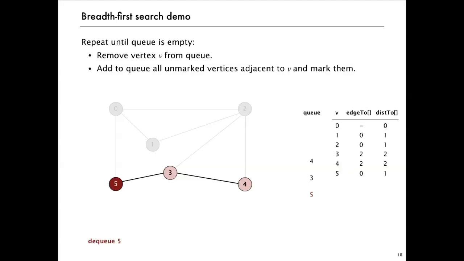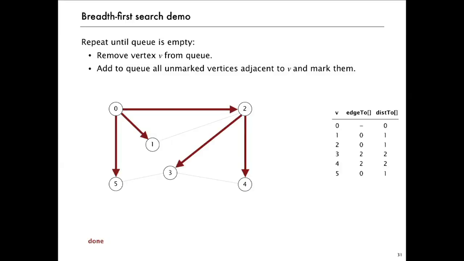Next thing off the queue is 5, and we check 3, and that's marked, and we check 0, and that's marked, so we're done with 5. Then 3, we check 5, and then 4, and then 2, and they're all marked, and now we're done with 3. Then finally the last one, everybody else is marked, it's connected. Check 3, check 2, it's marked, and we're done.